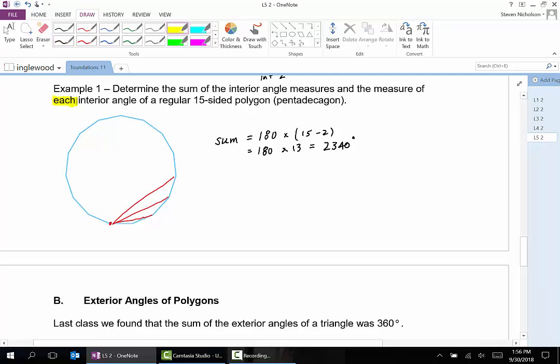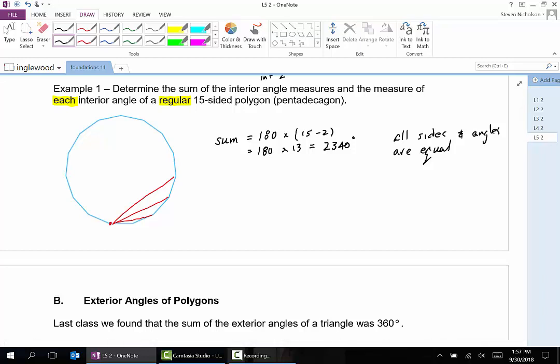Now, in this particular question, what we're then asked to do is figure out the measure of each interior angle. And the thing that's really important is the word regular. A regular polygon means all sides and angles are equal. So for instance, a square is a regular quadrilateral. All the sides are equal, all the angles equal 90.